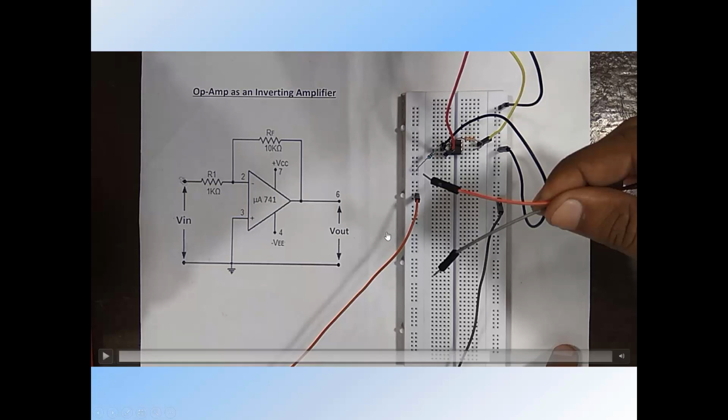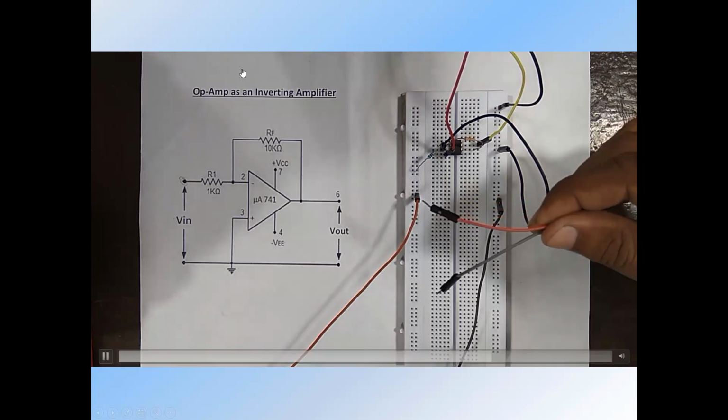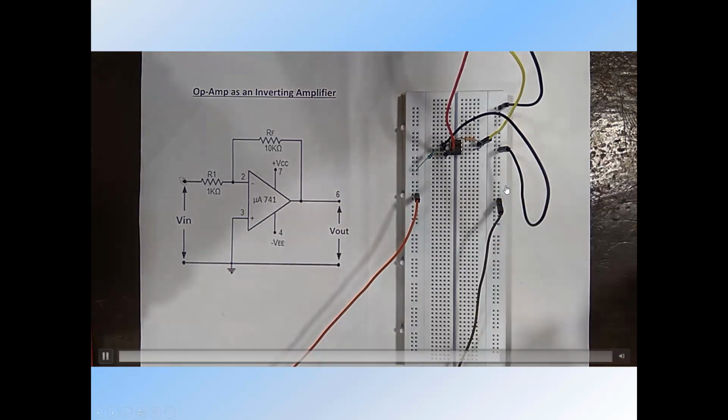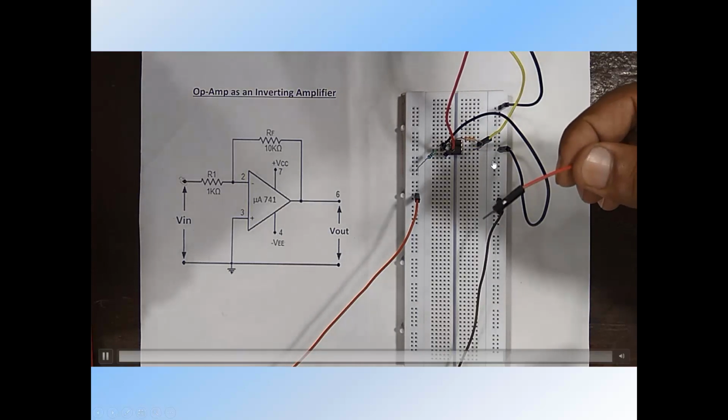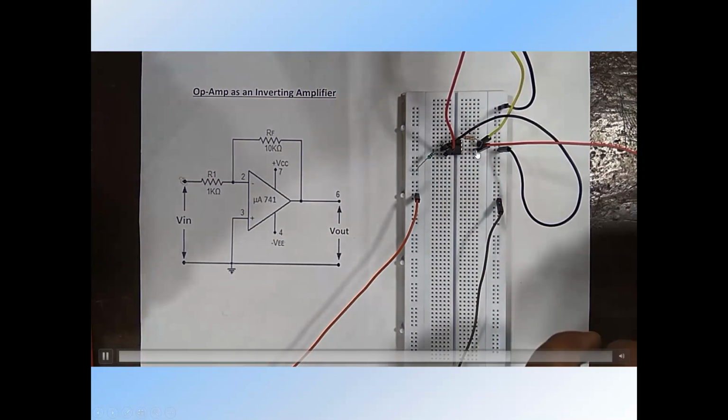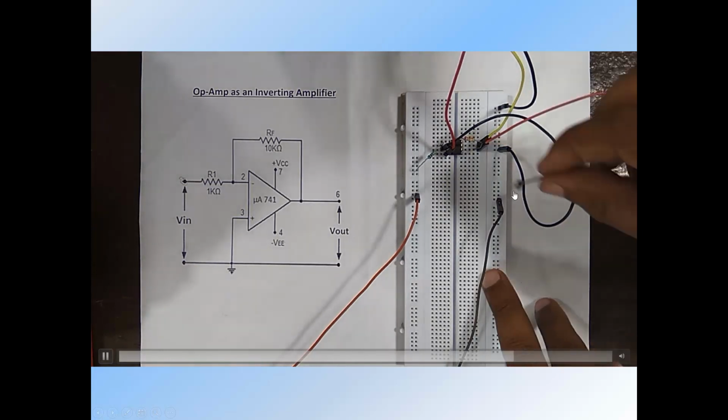And now we will connect this orange wire to pin number 6, any one of these 3 holes, and this gray jumper wire is connected to the ground of this breadboard. Output is measured with respect to ground. This orange jumper wire is connected to the output terminal like this, and this is connected to ground.